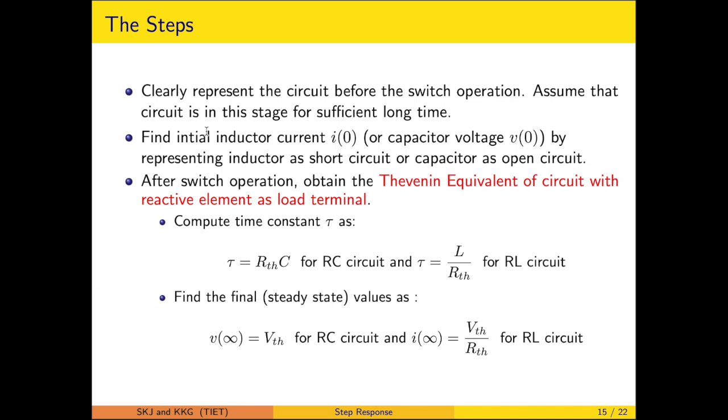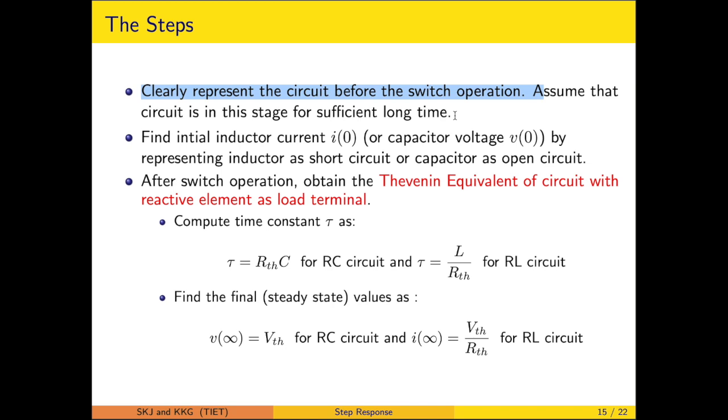To calculate the initial values, we have to clearly represent the circuit before the switch operation. We have to assume that the circuit is operating in this stage for a sufficiently long time, which means there will be no transients.